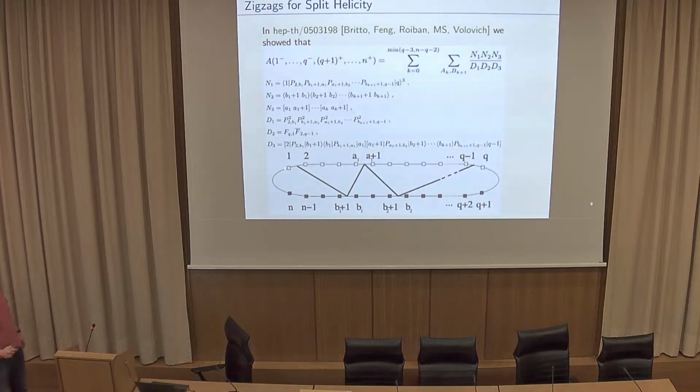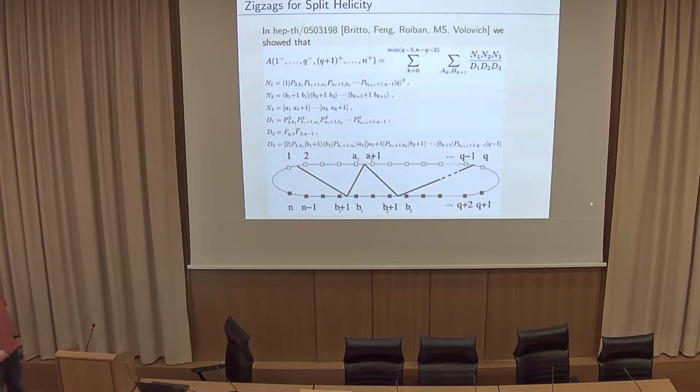You put all of the negative helicity gluon labels on the top, all of the positive helicity gluon labels on the bottom, and then you draw any curve that bounces back and forth. It's not allowed to cross itself. It could go in between or skip any one of these segments. It starts at the top and bounces around.